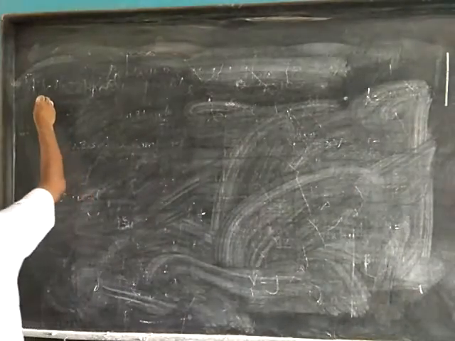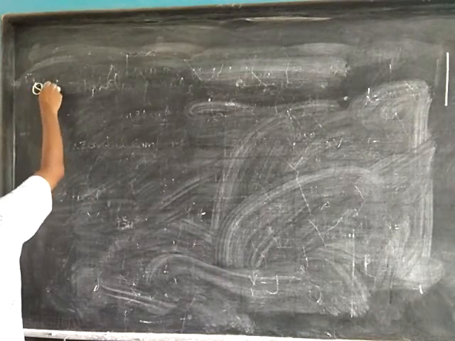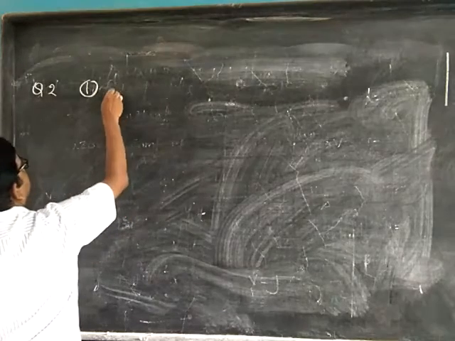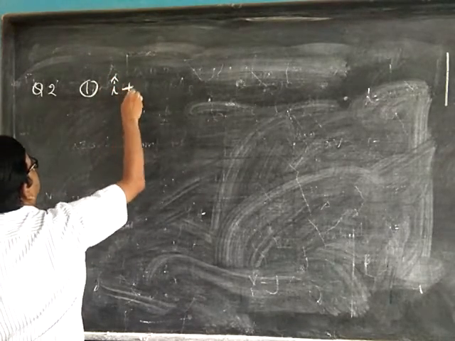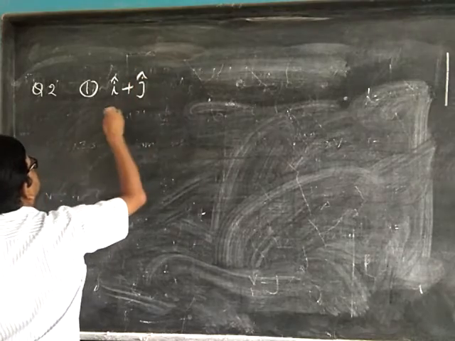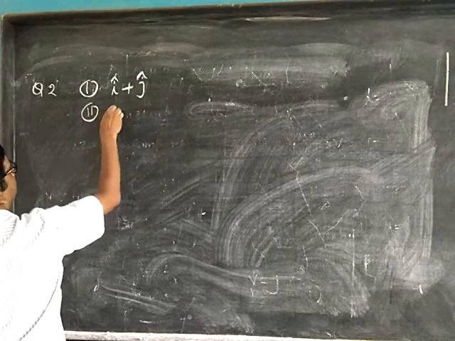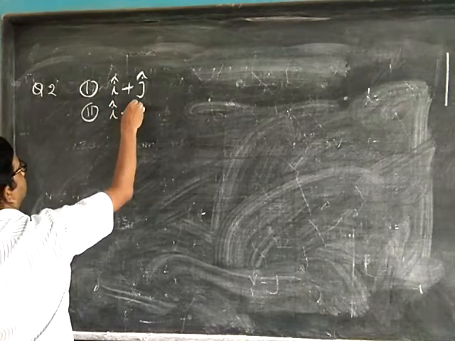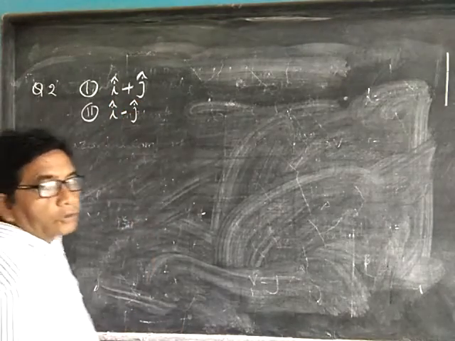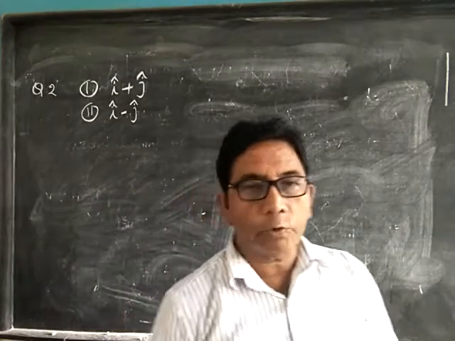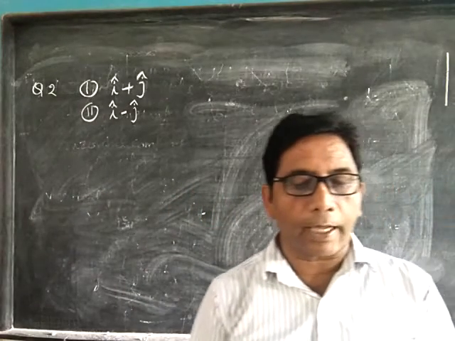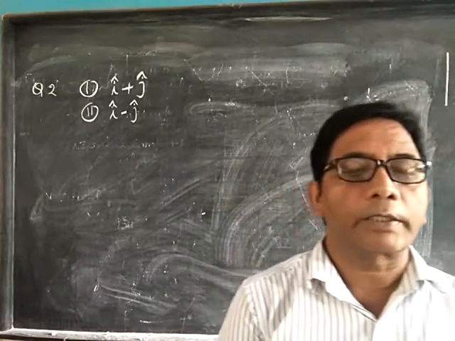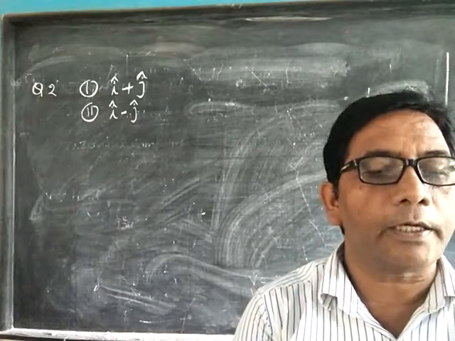Find the magnitude and direction of unit vector i plus unit vector j, and the second one is unit vector i minus unit vector j. The question is to find the magnitude and direction of unit vector i plus unit vector j, and second, unit vector i minus unit vector j.